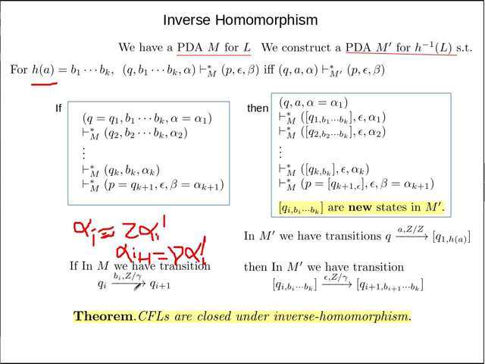So this is what alpha I plus 1 is, and this is completely determined by this part, this substitution in the stack, right? So we will make the same substitution here.